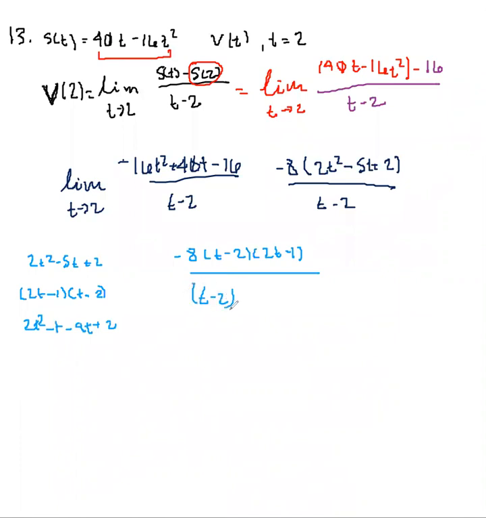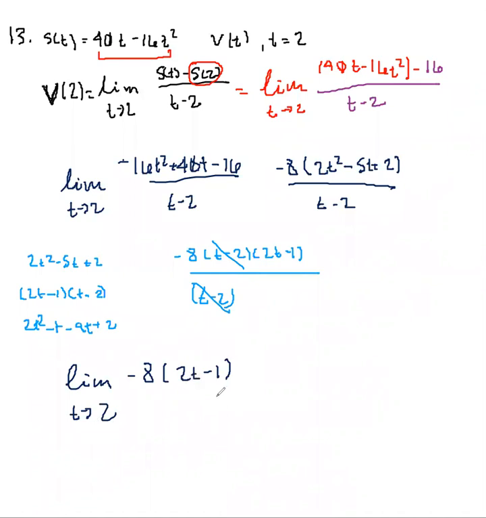So happy that we can cross those out. That will leave us with the limit as t goes to 2 of negative 8 times 2t minus 1. And we can just go ahead and solve this. As t approaches 2, 2t approaches 4.